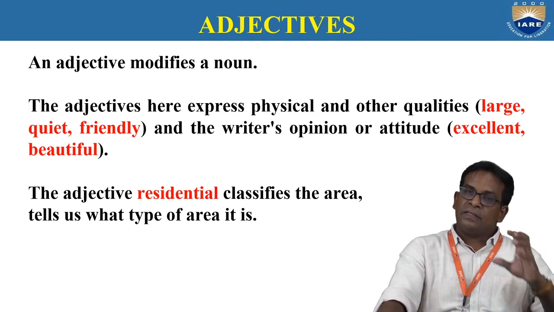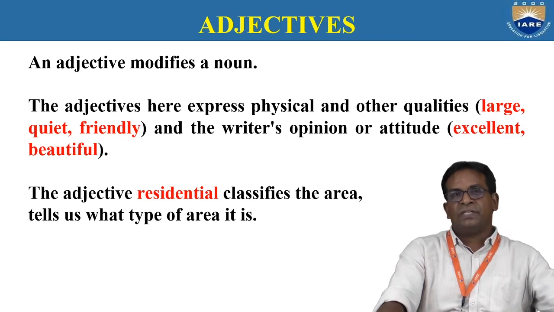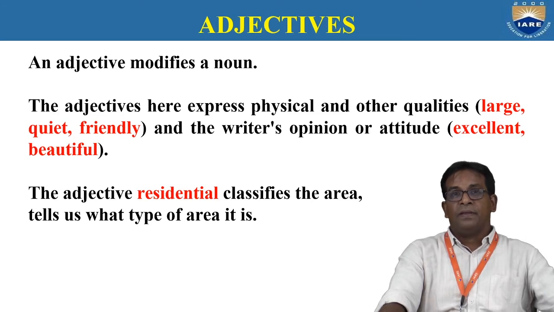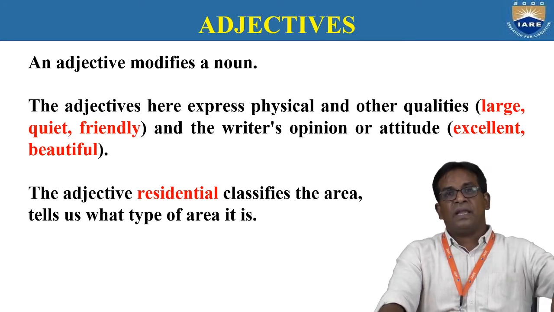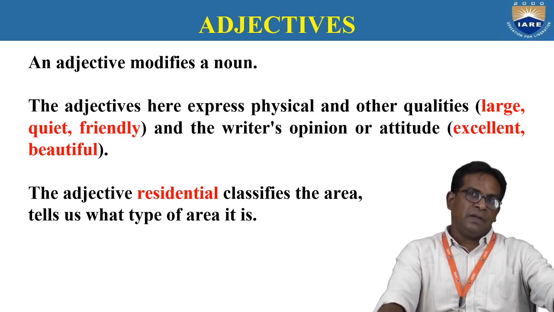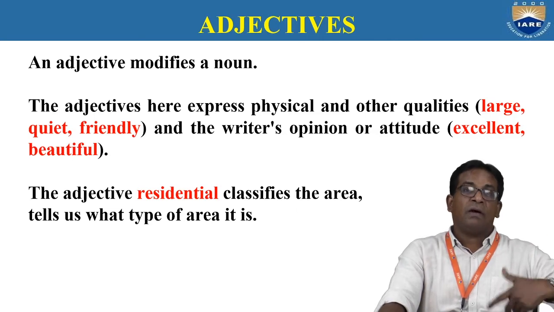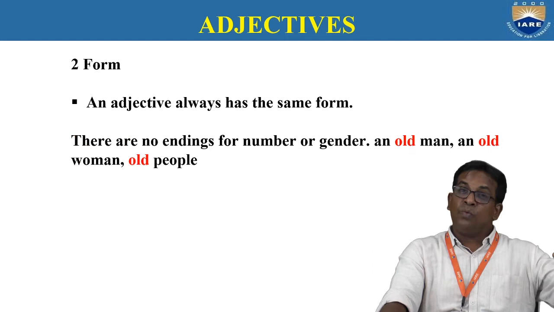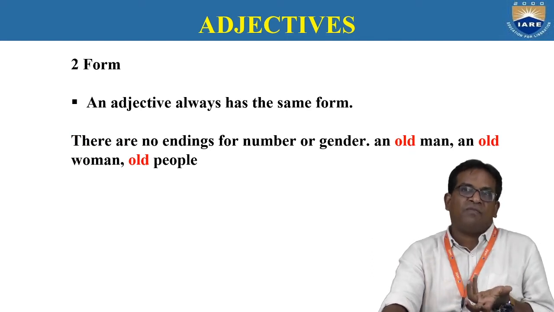That is the function of adjective, particularly in English language usage. So, we have to use exact appropriate adjectives while we are speaking or writing. That is usage, how we use, and what is the form of adjectives.